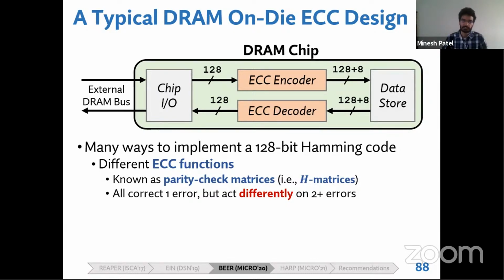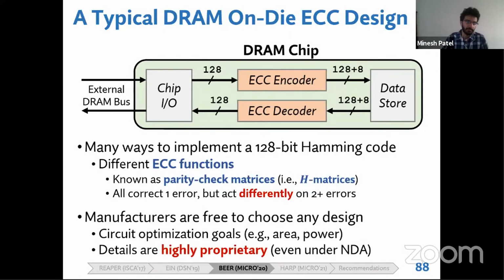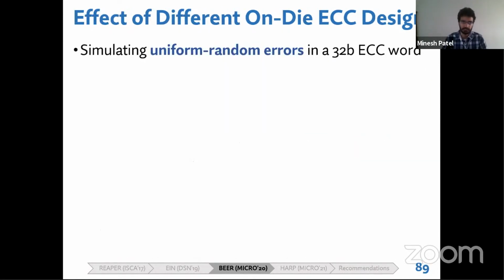All of these matrices correct a single bit error, but they act differently on 2 or more errors, essentially on uncorrectable error patterns. Manufacturers are free to choose any design that they want, according to maybe circuit optimization goals, such as area or power, and the details of which exact choice they make are highly proprietary, even under non-disclosure agreements. In the context of error characterization, this makes things very complicated.